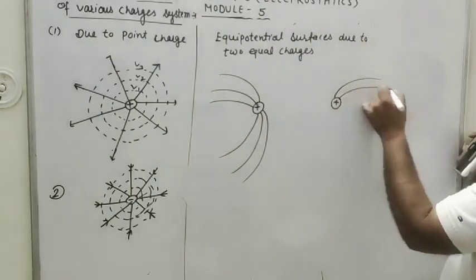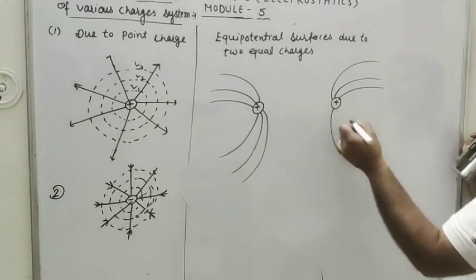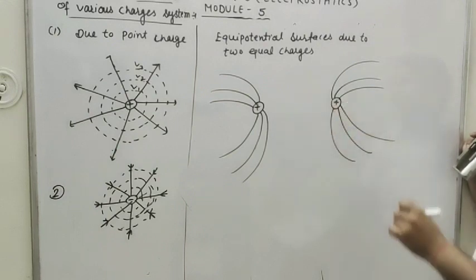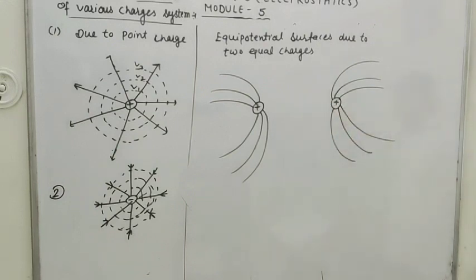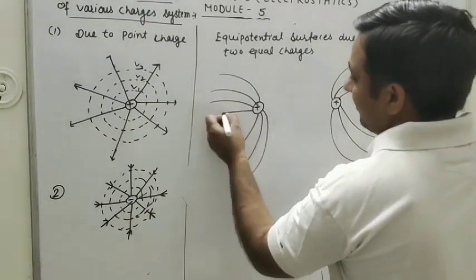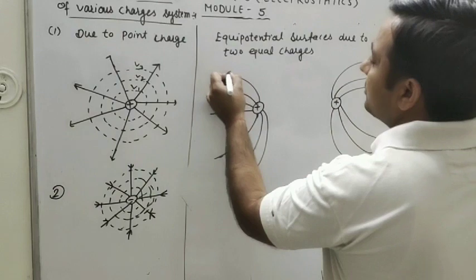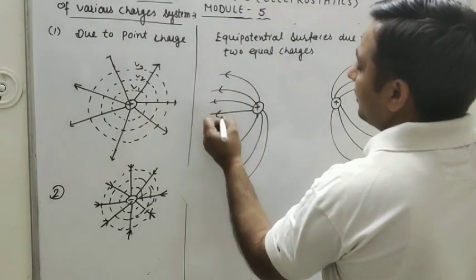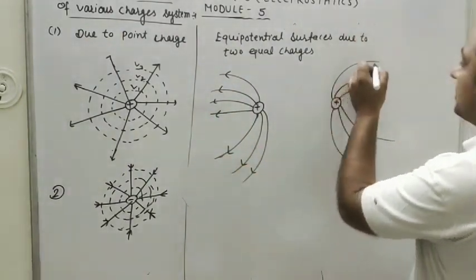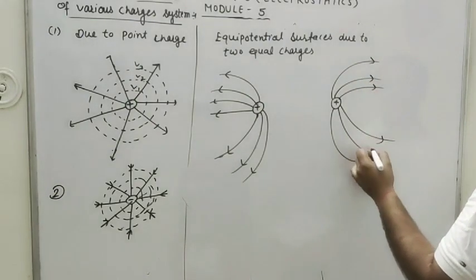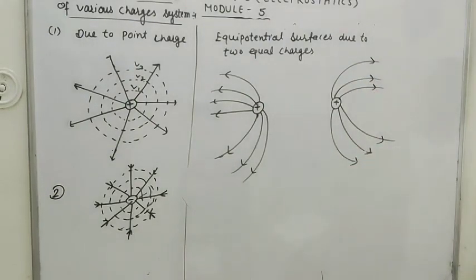They will bend in this manner because they repel each other. The arrows move away because electric field lines go away from positive charges.